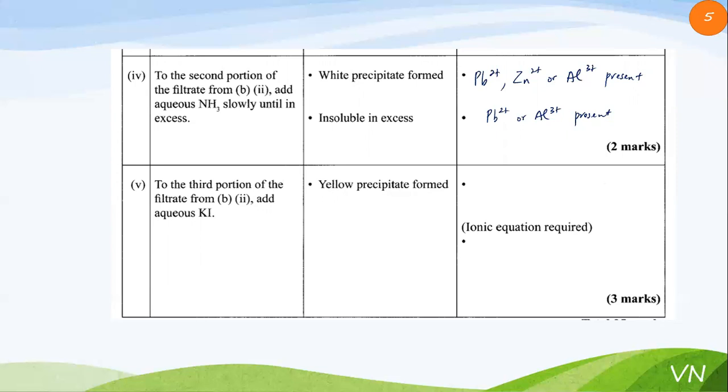So number 5 here tells us that a yellow precipitate was formed, so we can conclude that it is the lead 2 plus ions present. And the ionic equation, we went through that just now in an earlier question. So this is Pb2+ aqueous plus 2 I- aqueous to form PbI2 solid.